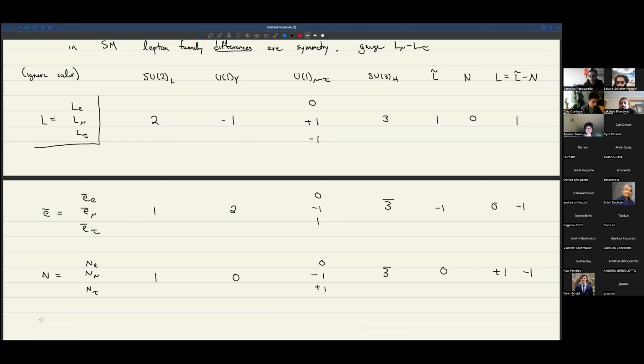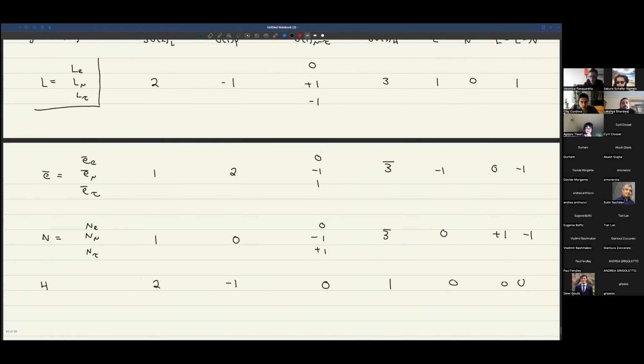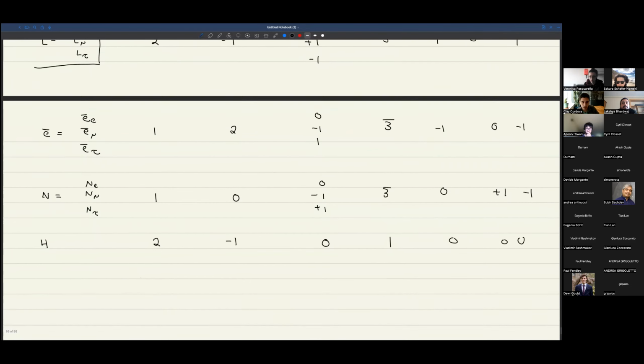And then finally, I'll remind you of the quantum numbers of the Higgs, which is 2, -1, 0, 1, and then 0, 0, 0. Okay, so those are the fermions that will play a role here, and their quantum numbers. We can scroll back up to that as needed.